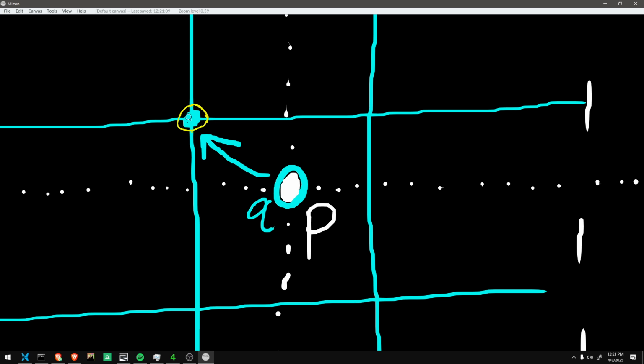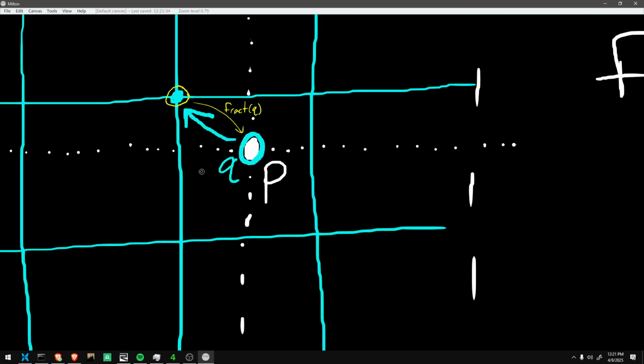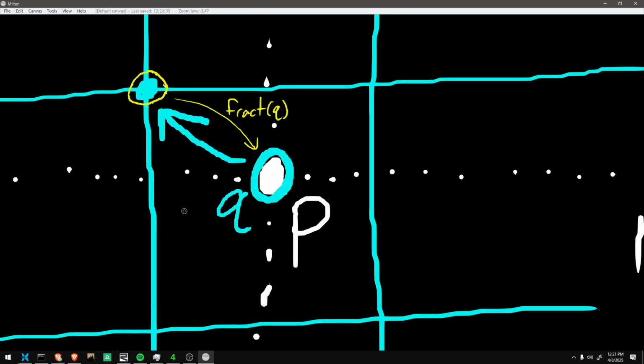So that would be Q minus the floor of Q, or the fractional part of Q, right? This is the fractional part of Q. And that is going to be in the range of 0, 0 to 1, 1, right? It's a two-dimensional vector with a unit square range.